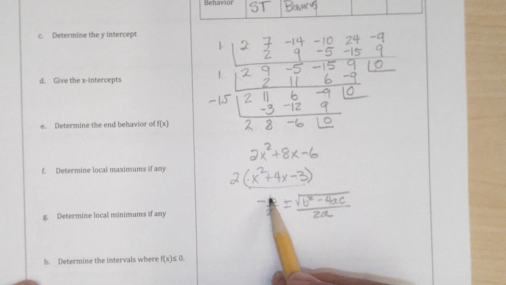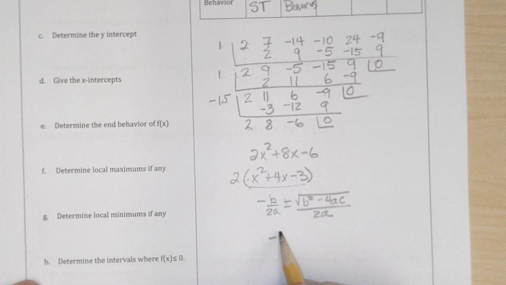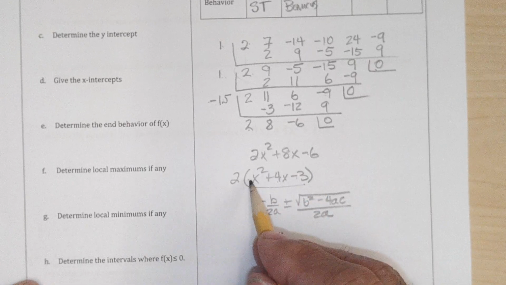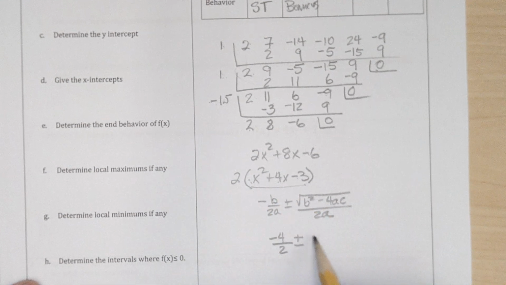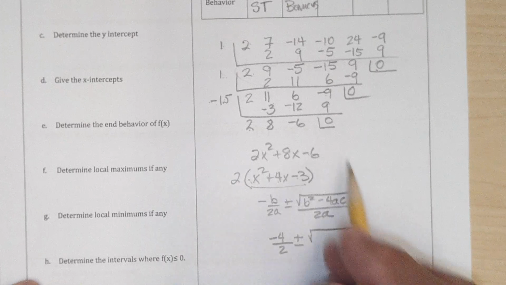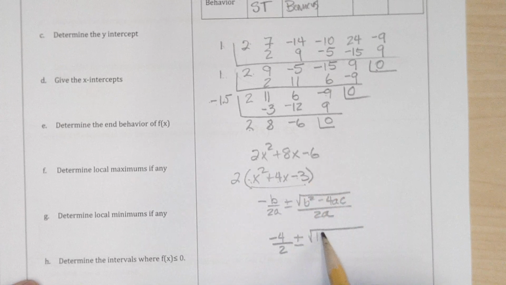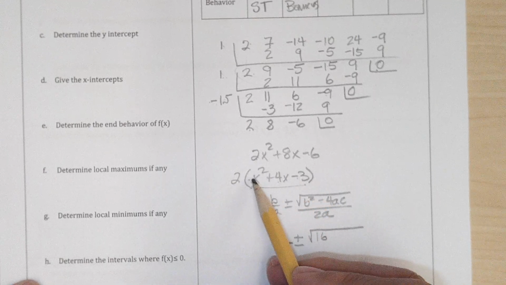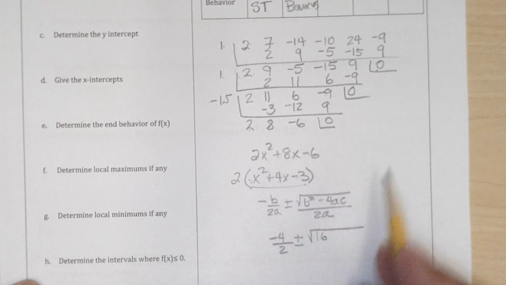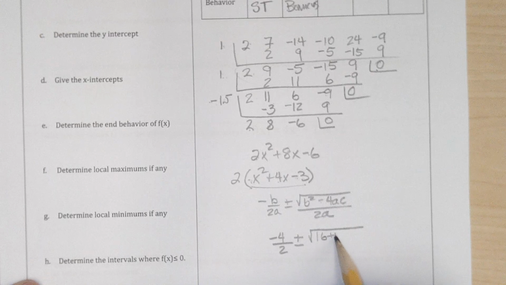So the opposite of b, the opposite of 4 is negative 4 over 2 times 1 is 2, plus or minus the square root, and 4 squared is 16, and negative 4 times a positive 1 times a negative 3 is positive 12, over 2 times 1, it's 2.